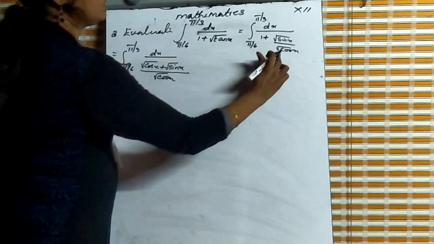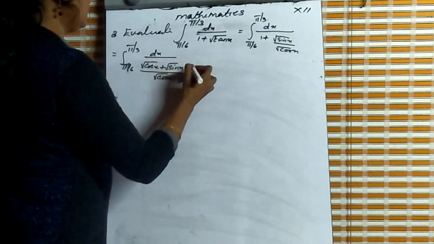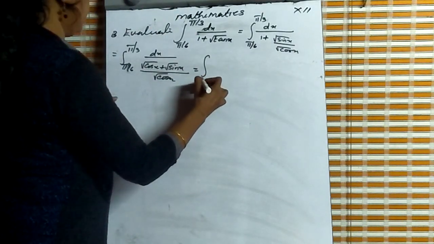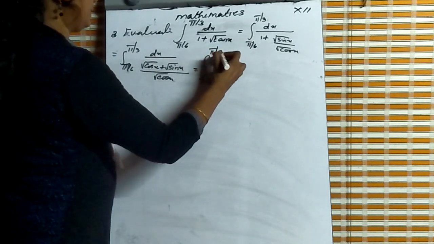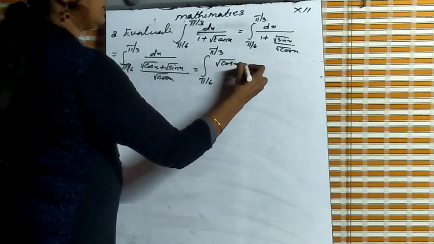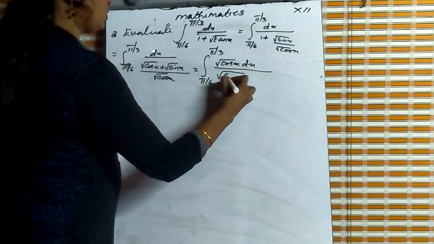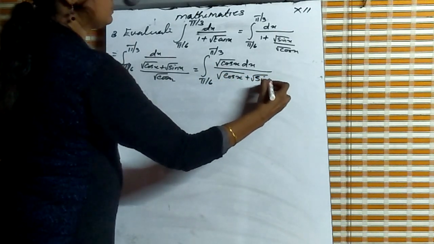Here root cos x goes to the numerator: the integral from pi by 6 to pi by 3 of square root of cos x dx divided by square root of cos x plus square root of sin x.